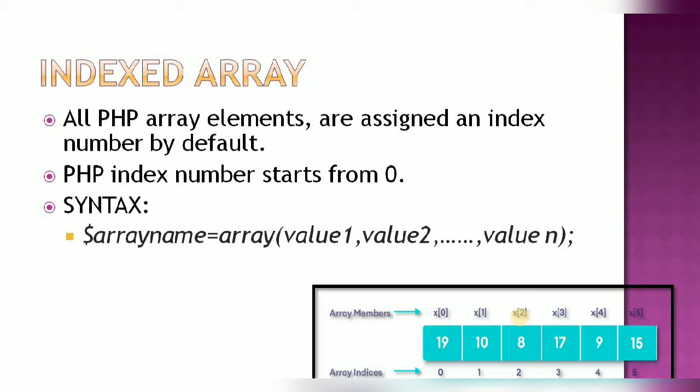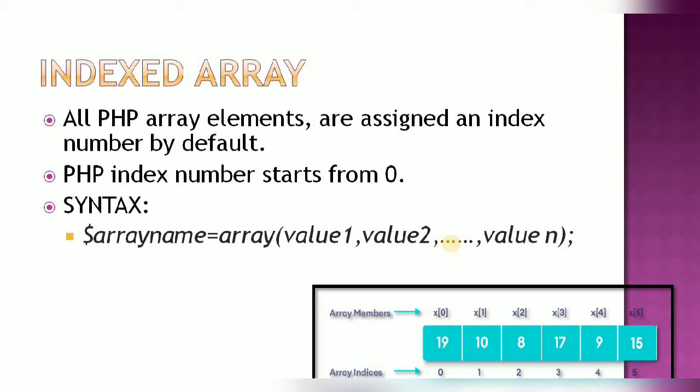Let us see what is the syntax for writing this array in a program. Syntax: $arrayname = array(value1, value2, and so on). When you are declaring an array, at that time you are going to use round brackets.